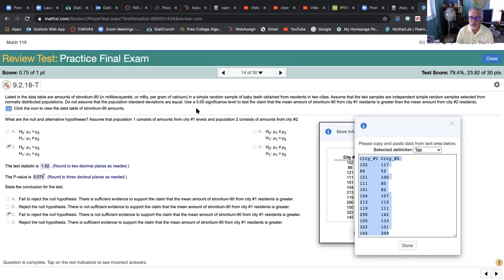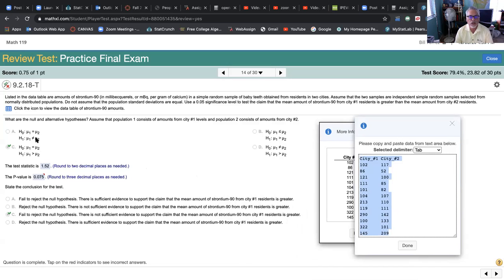That comes right out of the wording of the problem. Now, of course, we know that the null hypothesis always contains the equality sign. So B and D are out of the running. So the correct answer is either A or C.